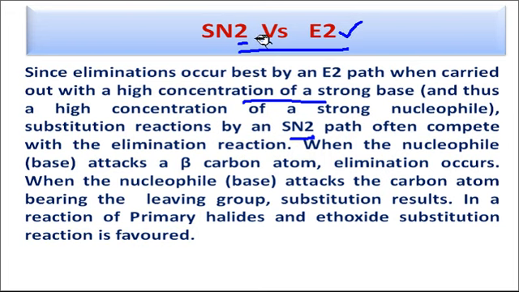It is very simple. When the nucleophile or the base attacks at the beta carbon atom, the elimination product will be formed. When the nucleophile attacks only at the alpha carbon atom, then the substitution product, that means the SN2 mechanism, will be followed.